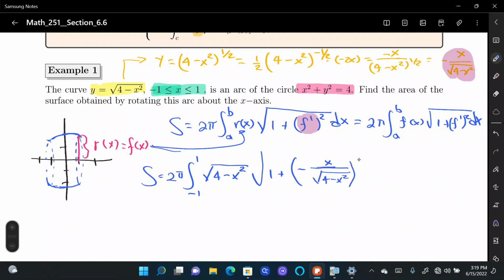And I know the integral is not looking pretty, isn't it? But don't worry, this will reduce really nicely, you'll see.